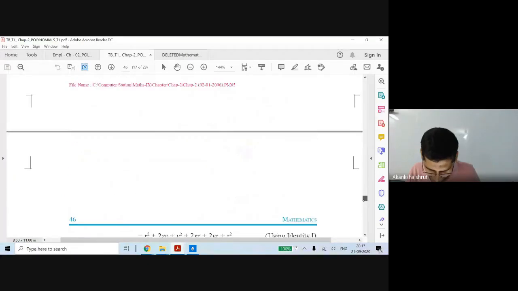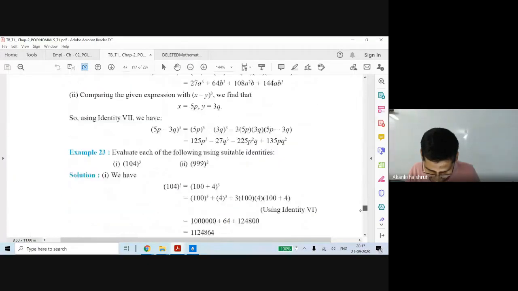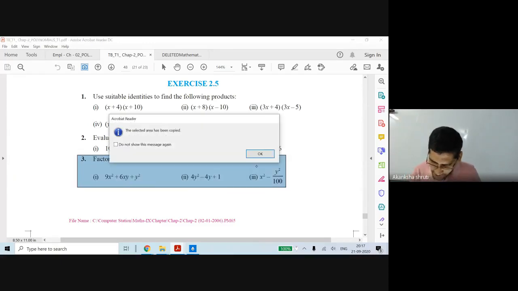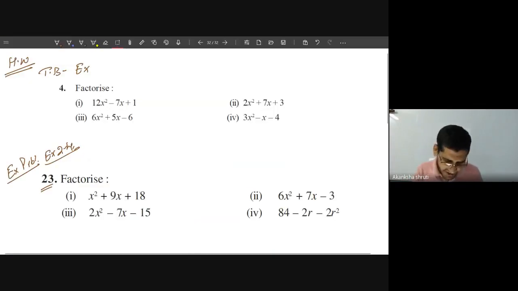Then applying identity, let us take one more. See, students, factorize the following. See question number 3. You have to fit it in the form of an identity.